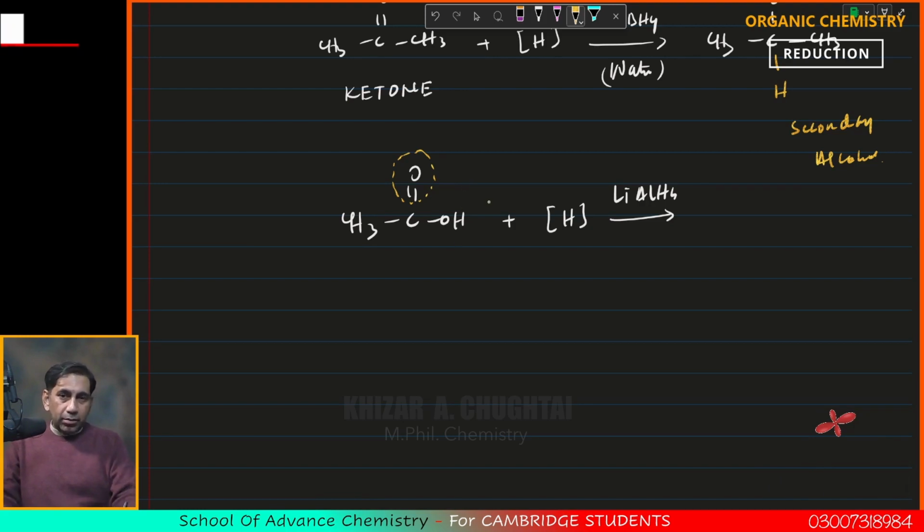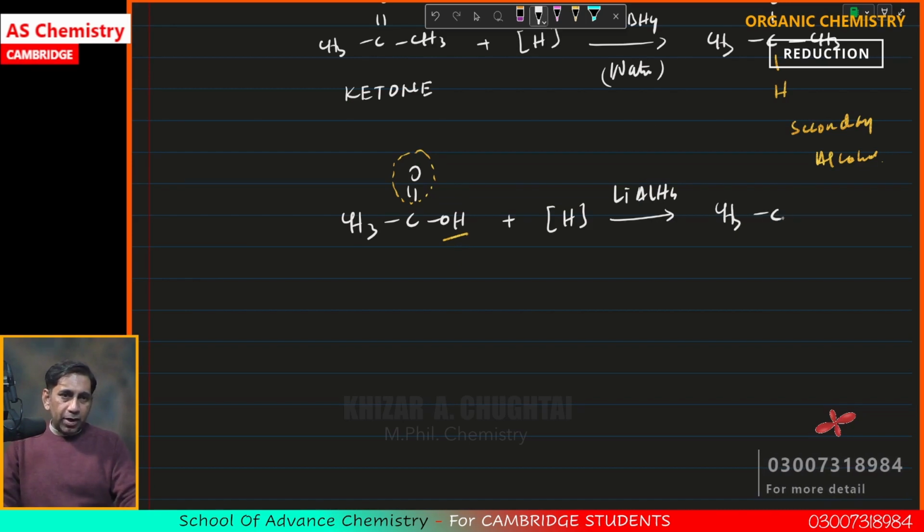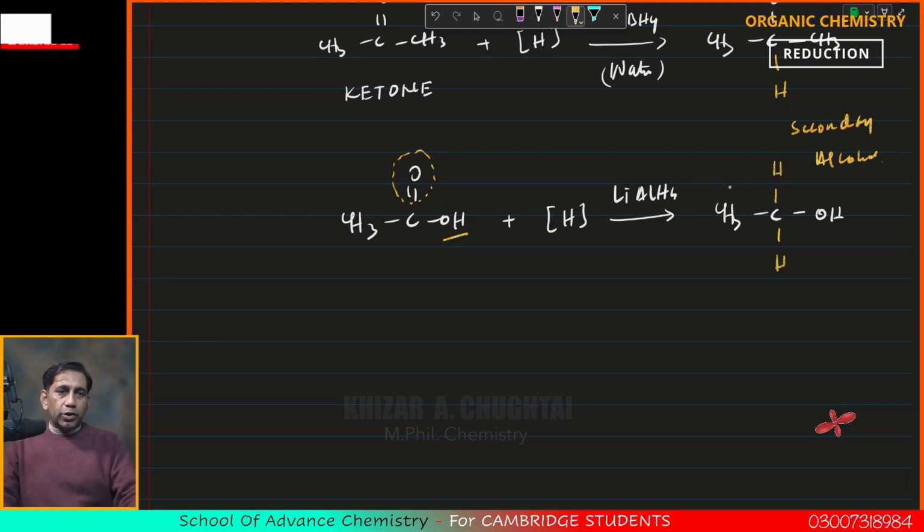And then here is C double bond O. There is an OH group. I'm not going to touch this OH group. What is the remaining part? The remaining part is the CH3COH group. What is to be done? Again, to introduce hydrogen on this carbon. So this time, this is alcohol, and again, it's a primary alcohol.